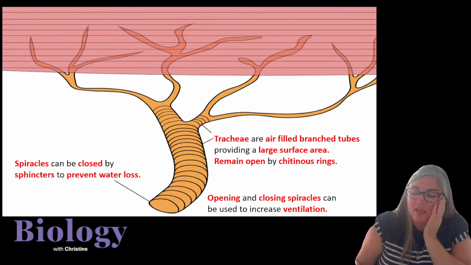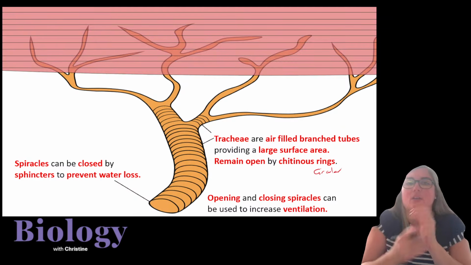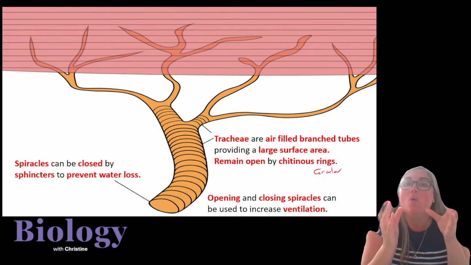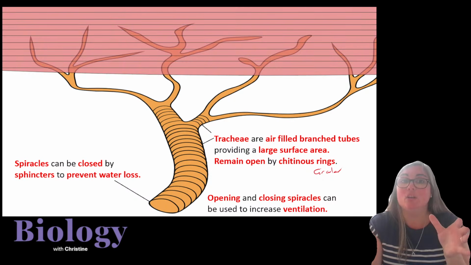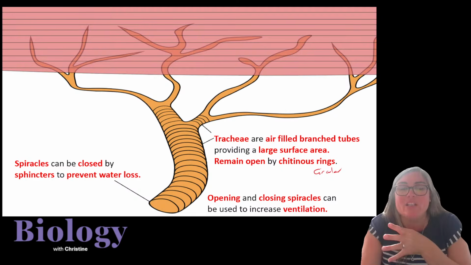The chitinous rings are full circles. So they're circular rings, and they ensure that the trachea don't collapse, because the insects require these channels, these branched tubes, to allow for the gas exchange that needs to occur.